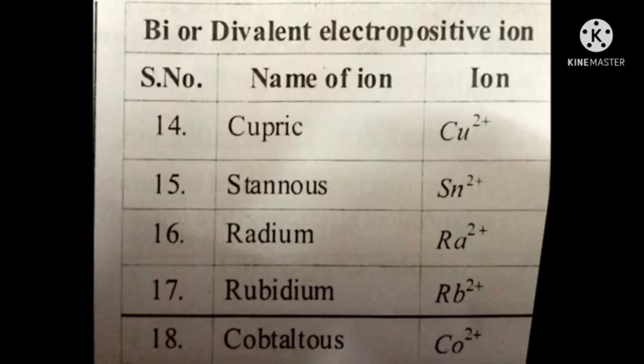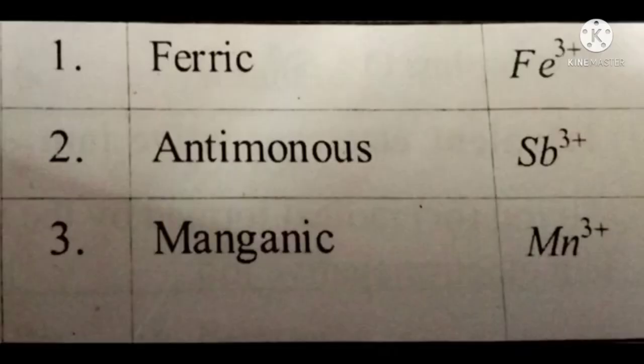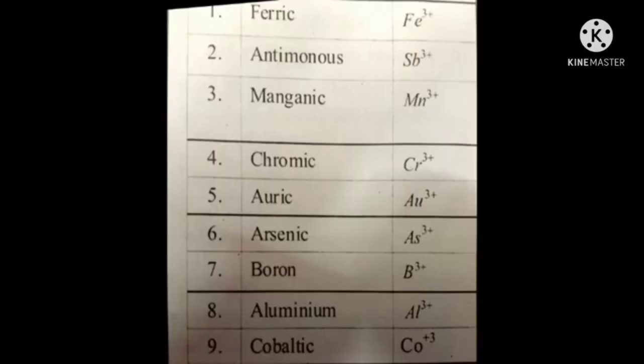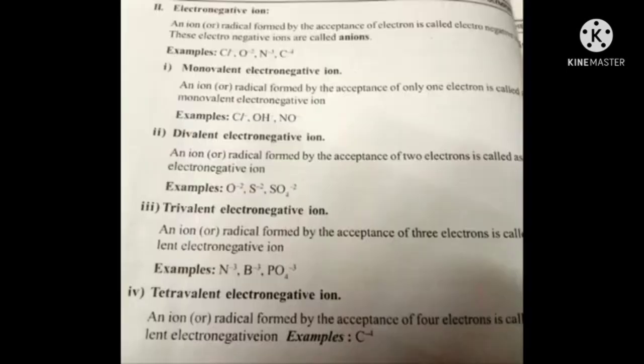For stannous, how is it denoted? Sn2+. See here, these are the examples of trivalent cations. Ferric, Fe3+, that means they are losing 3 electrons. Chromic, Cr3+. Boron means B3+.